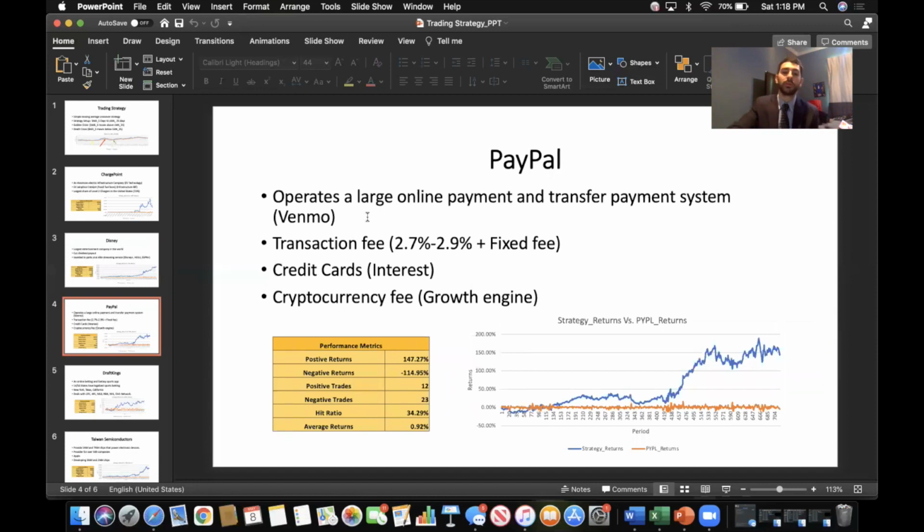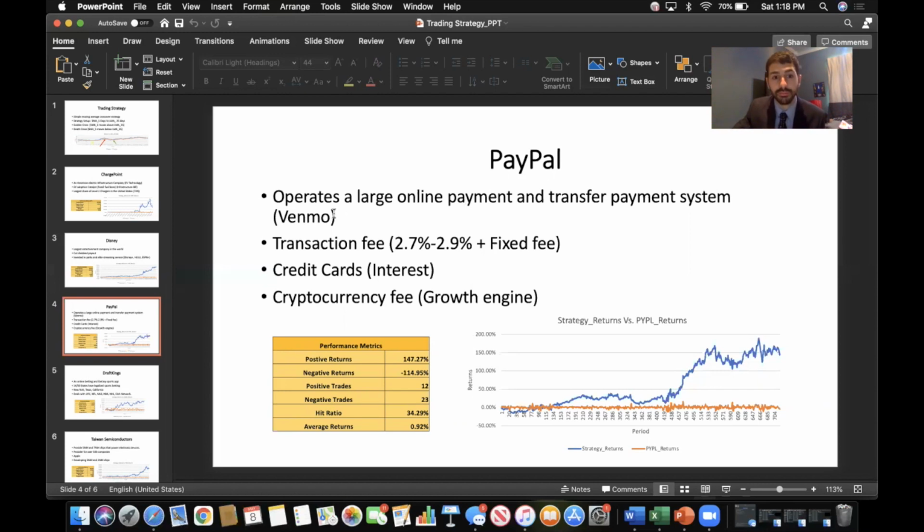PayPal, I'm pretty sure a majority of the people in this class definitely use PayPal, which is obviously a large online payment and transfer payment system. You could either buy with it or you can transfer money with it. But they also own Venmo, which has about 250 million subscribers, and PayPal has about 360 million subscribers. So combined, over 500 million subscribers. They're doing really well.